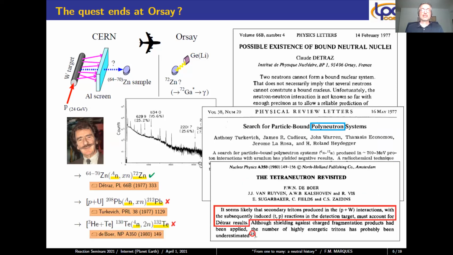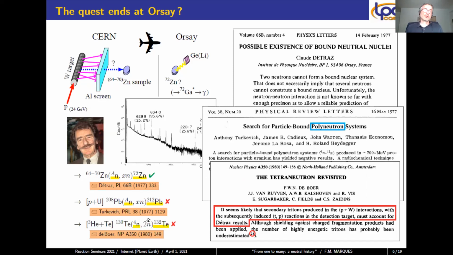And finally, De Boer tried to find tetraneutrons also in a similar experiment, with helium-3 on a tellurium target, searching for the transformation of the tellurium atoms into tellurium 132, and they couldn't find them.